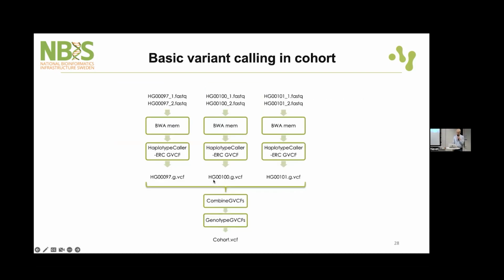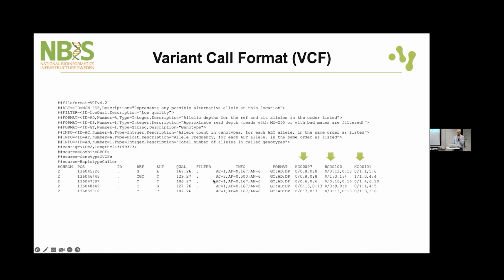So this will be part 2 of today's exercise, assembling the variant calling workflow for our small cohort. And the result of that will be a VCF file, just like the first one we looked at, but now containing multiple samples.